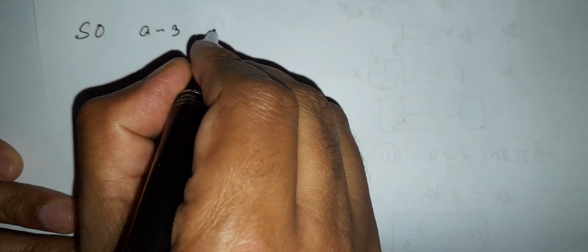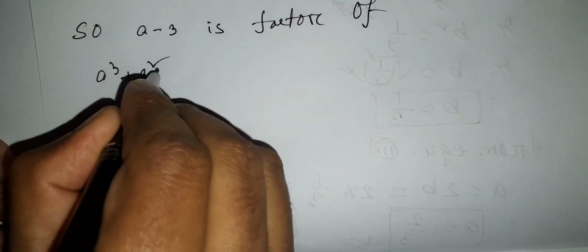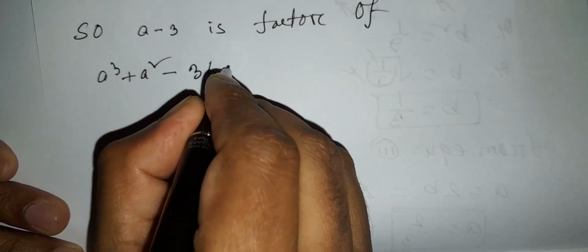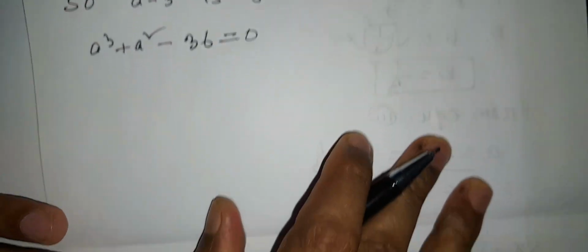So a minus 3 is a factor of a cube plus a square minus 36 equal to 0.